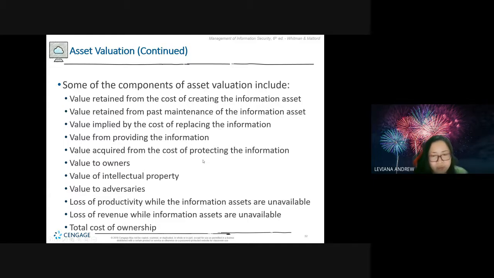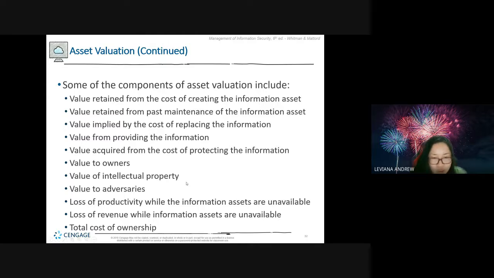Value acquired from the cost of protecting the information, the system technology used to protect the information. These are the costs. And then value to owners, how valuable the system or the asset is to the organization.